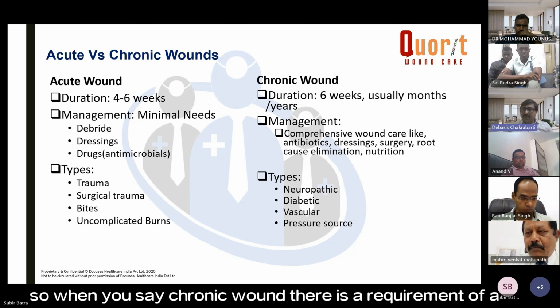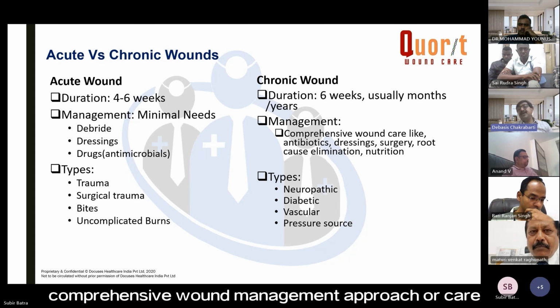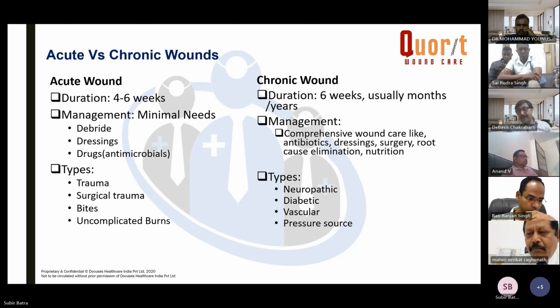So when it's a chronic wound, there is a requirement of a comprehensive wound management approach or care. That is what we all talk about.